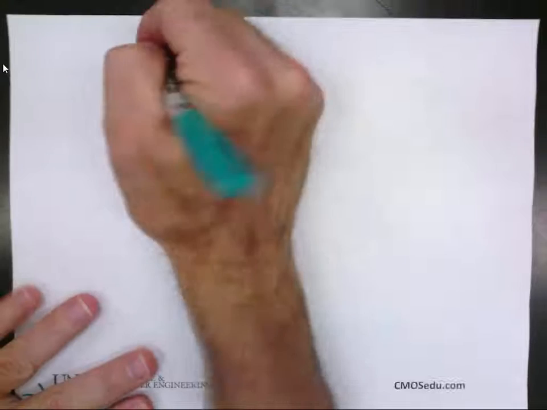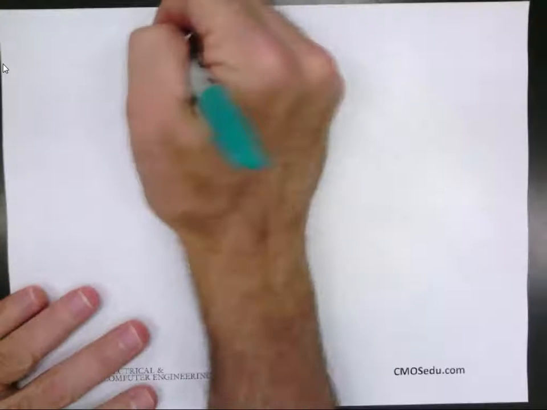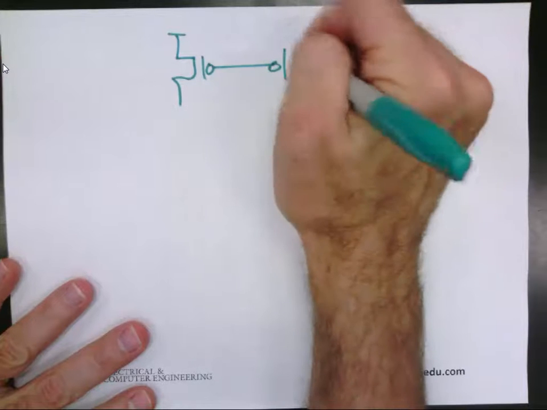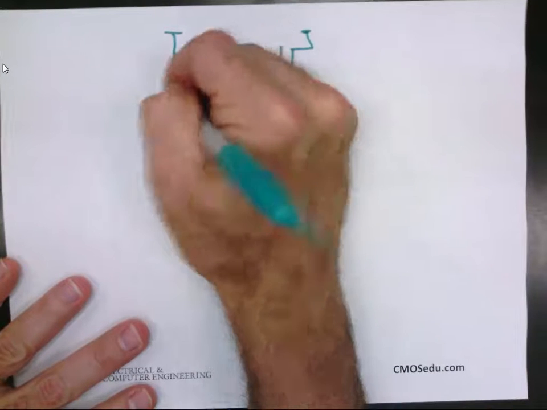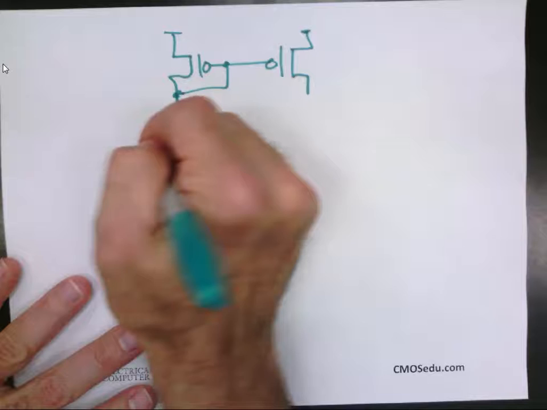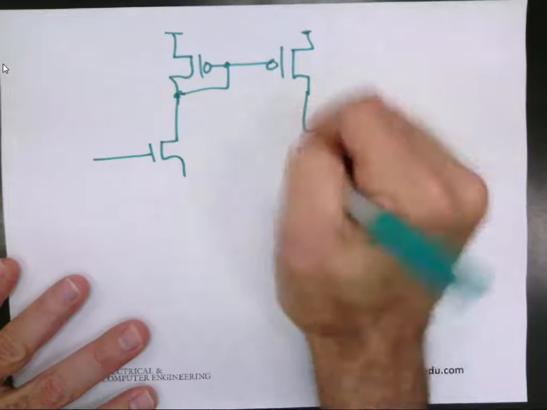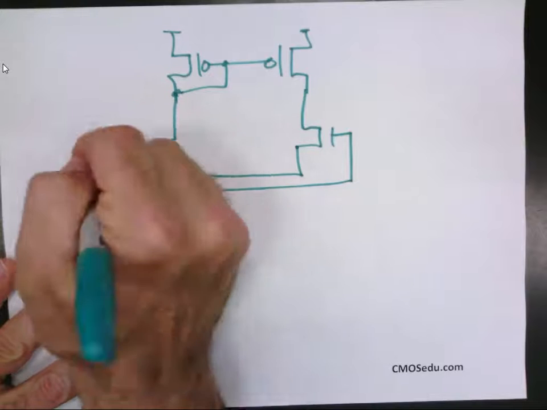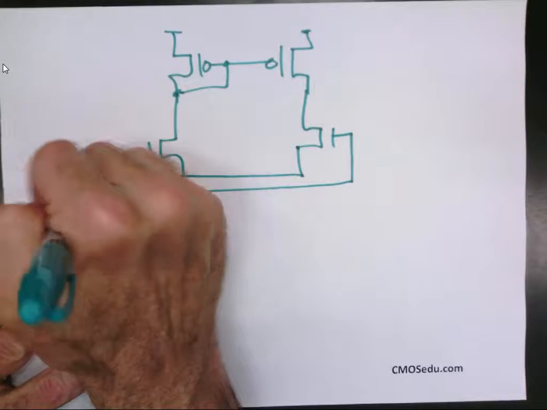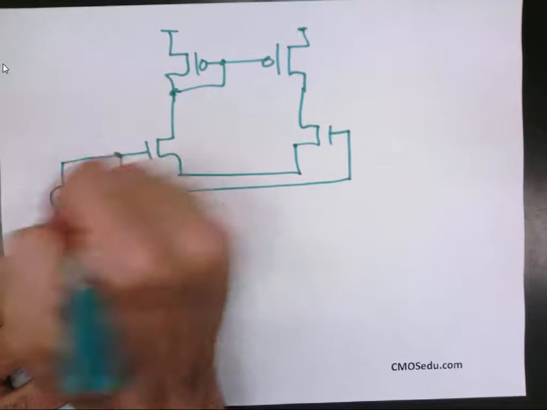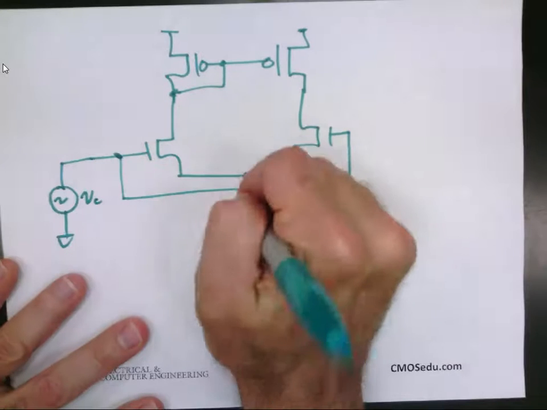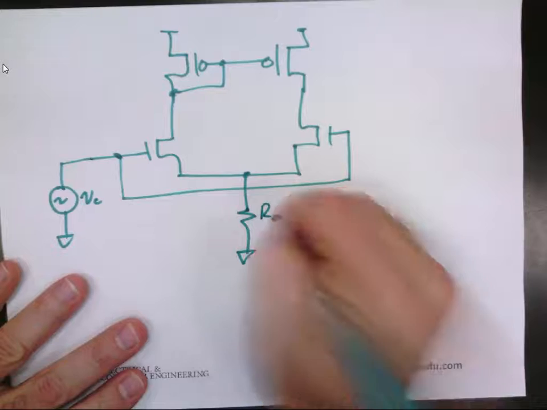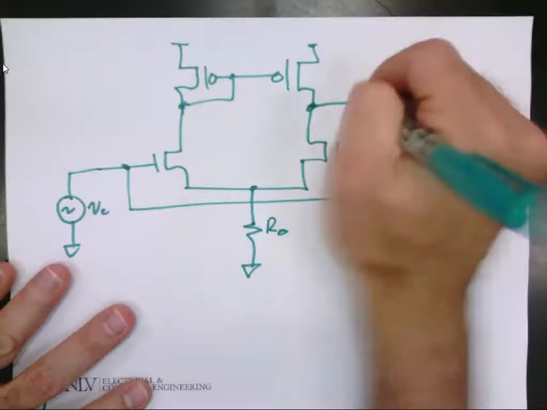So I have the following. I'm not showing the DC bias, but if you want, we could draw that on here. We'll just call this VC, and let's just call this R out. And here's V out.